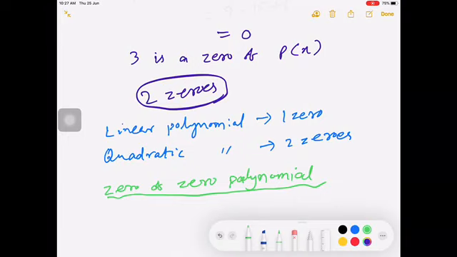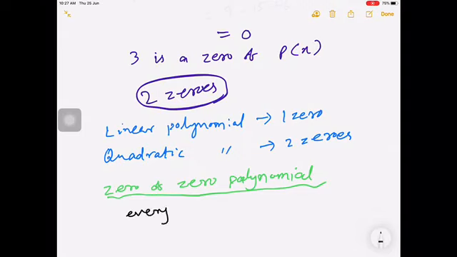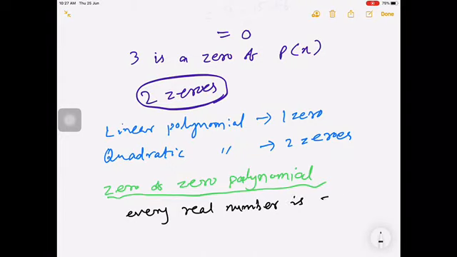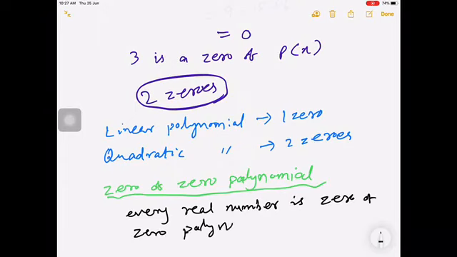We have taken it as a convention that every real number is a 0 of the 0 polynomial. So the 0 of the 0 polynomial is any real number we can take.